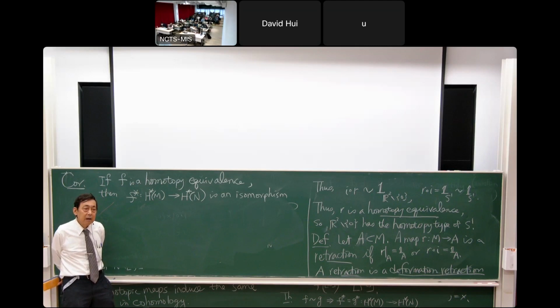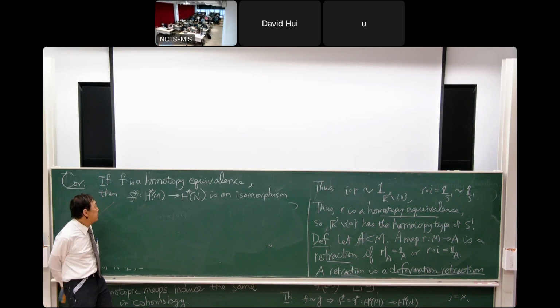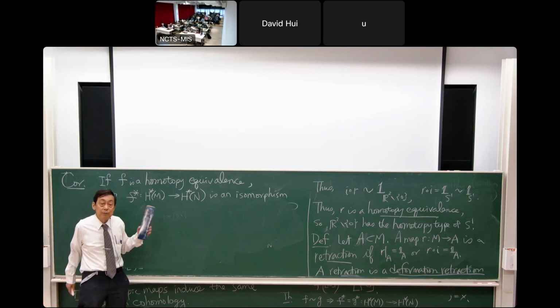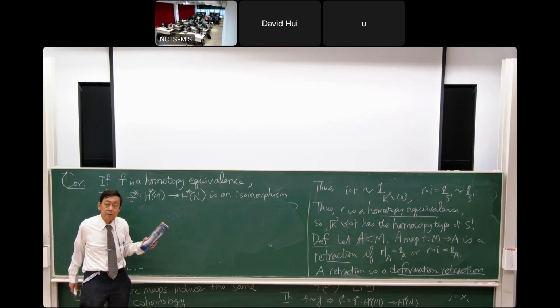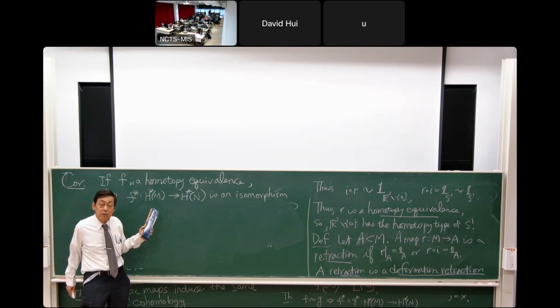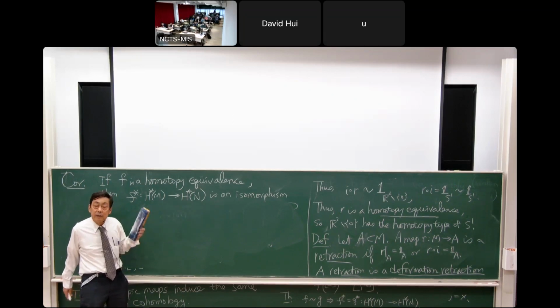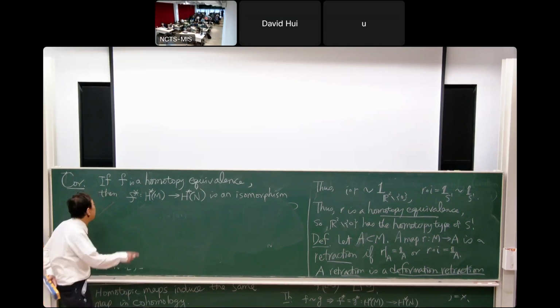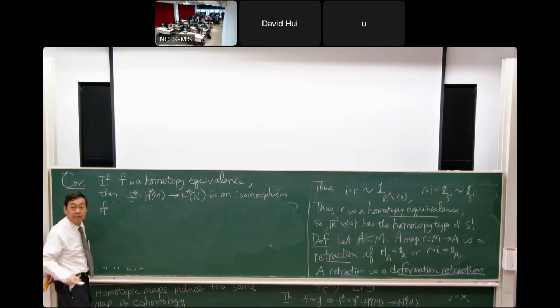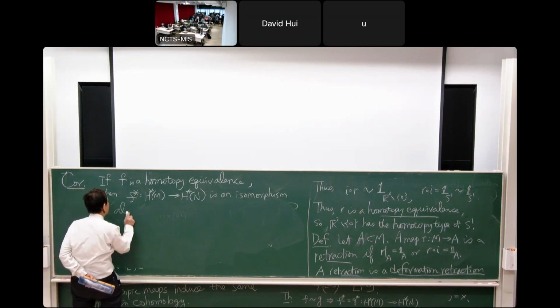What do you call a vector space that's also a ring? It's an algebra, yeah. So cohomology is actually an algebra. And F star preserves addition, scalar multiplication, and wedge product, so F star is an algebra homomorphism. If it's an isomorphism, then it is an algebra isomorphism. So the conclusion is that F star is an isomorphism of algebras.